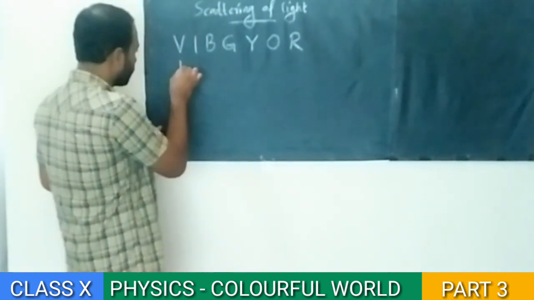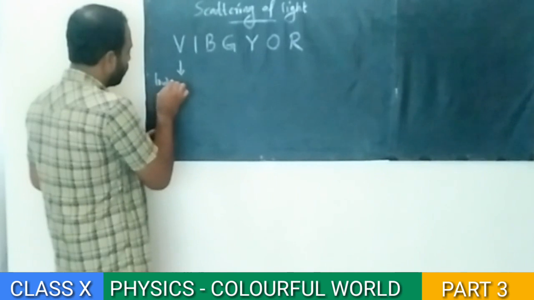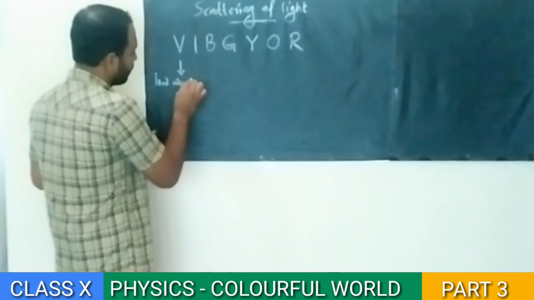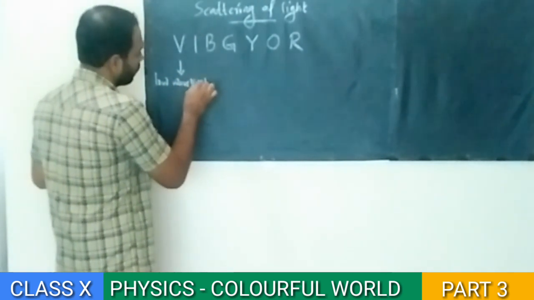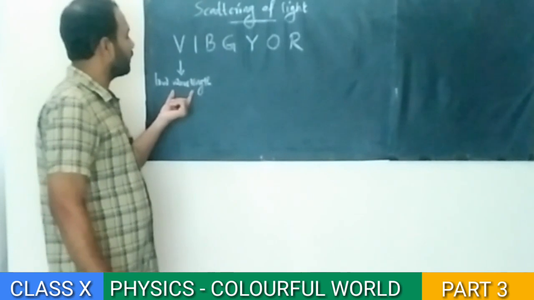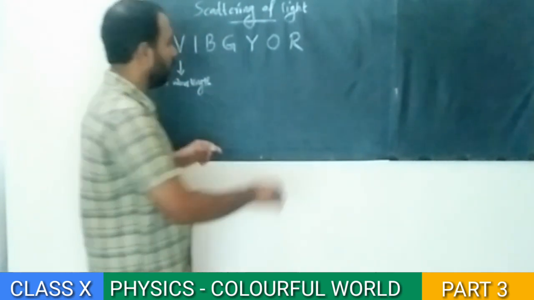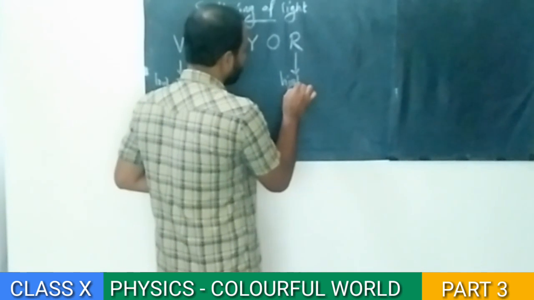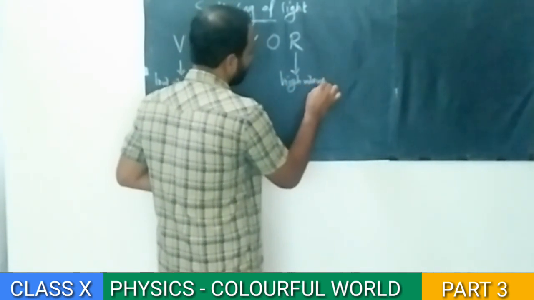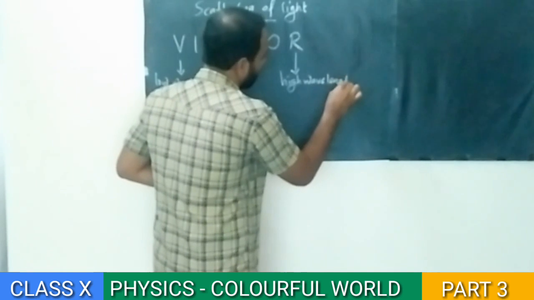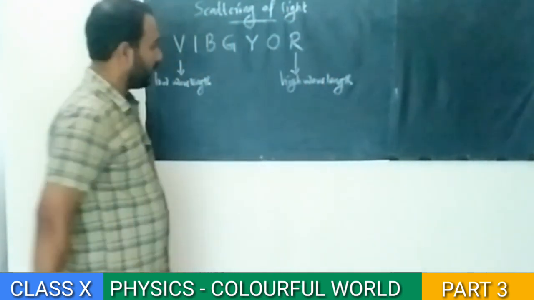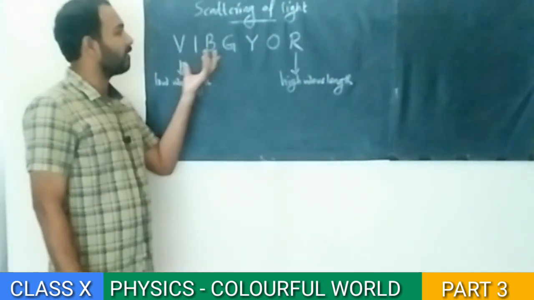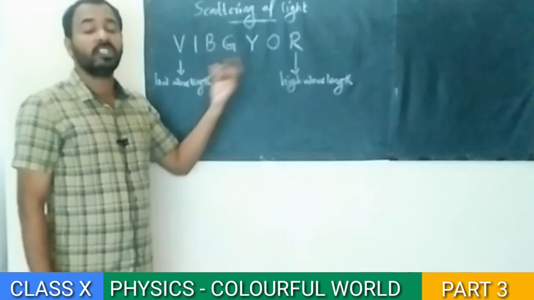Violet has low wavelength. The low wavelength color is violet. The high wavelength color is red. And all other colors are arranged in between these two.